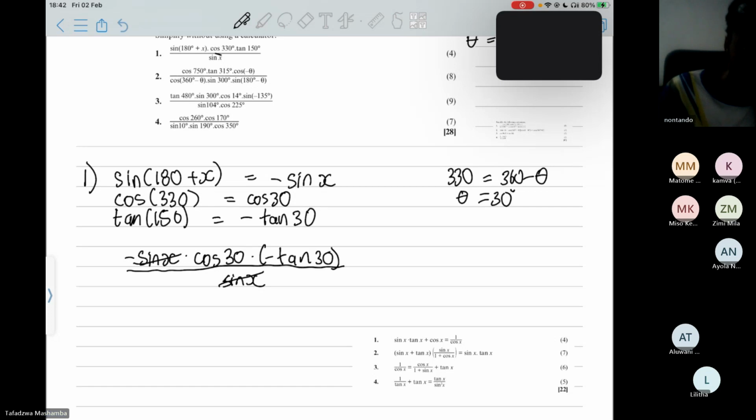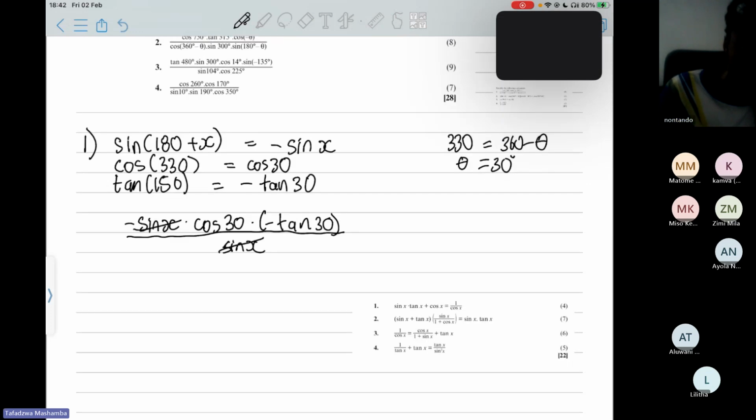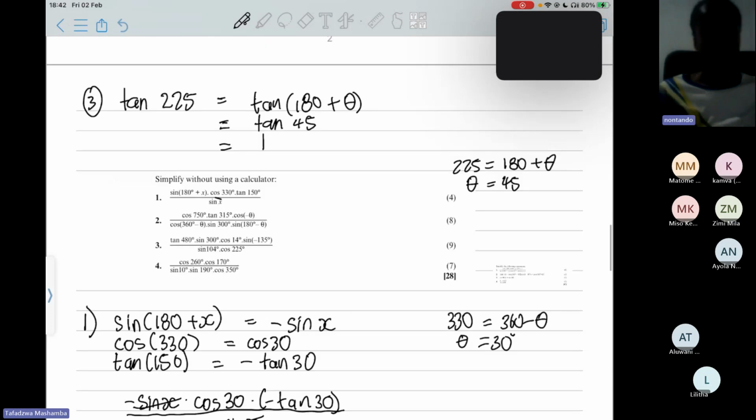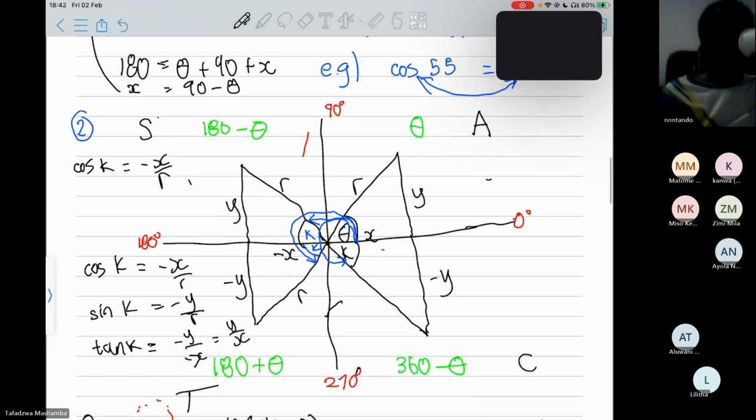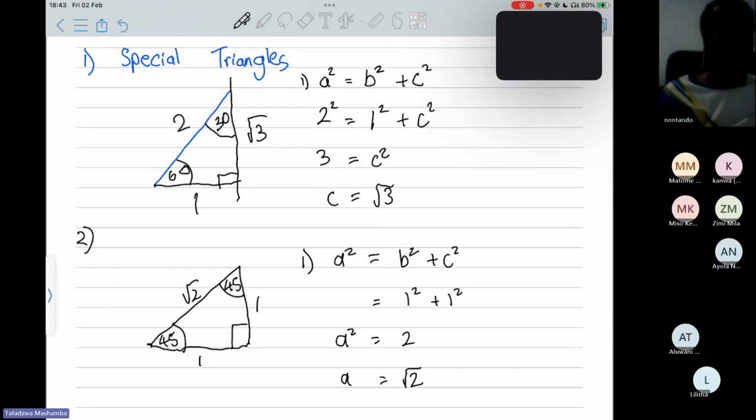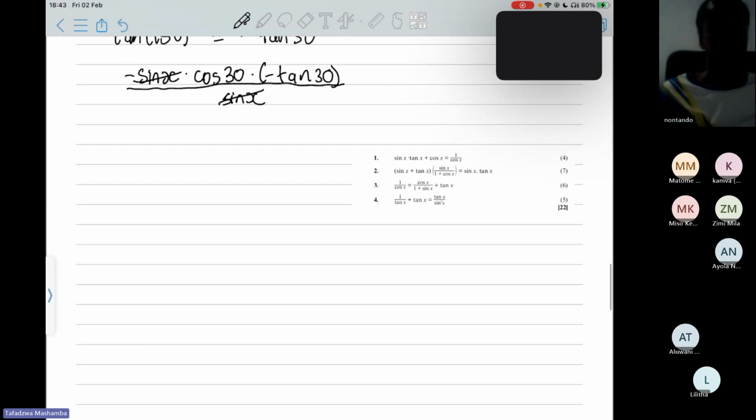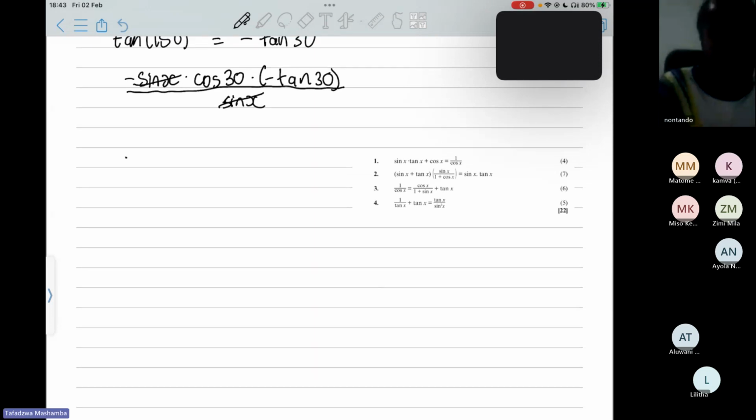So from here, we can find the actual values, starting with the 30. What's cos of 30? If you go back to our special triangle, we go to the 30 degrees. It will be just square root of 3 over 2. So we write this as negative, because the negative comes from that sign there. So it's negative square root of 3 over 2 multiplied by negative.